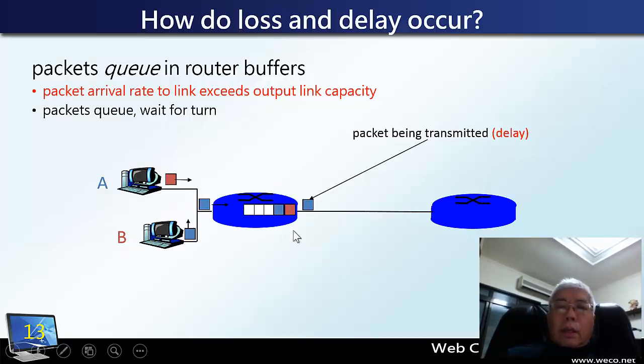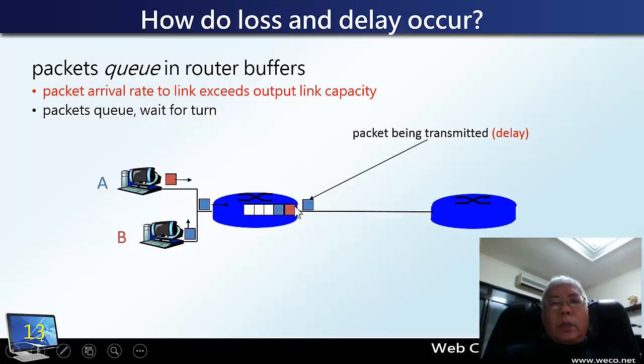Then it depends on the capability of this router, and this router cannot send all the packets at one time, so they have to be queued within the router, in the buffer of the router.